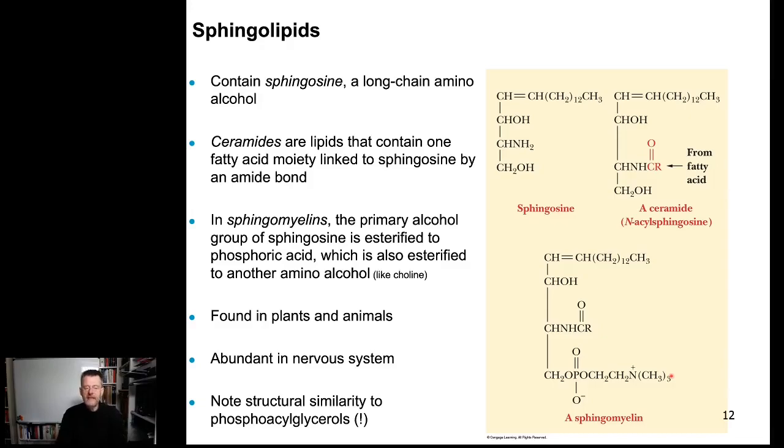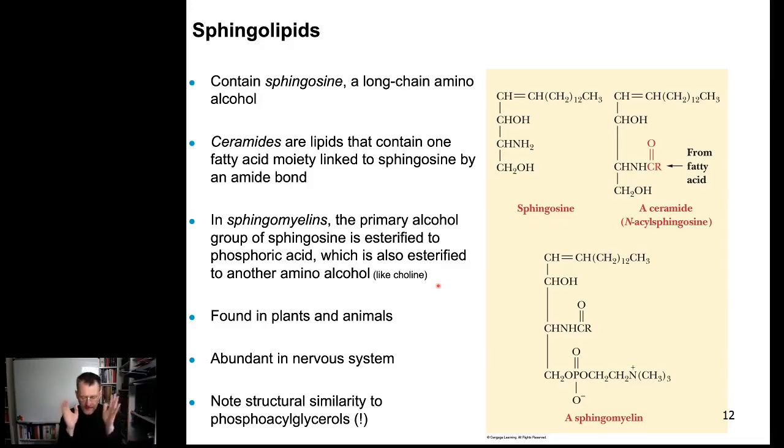Now you'll find these sphingosines, the ceramides and the sphingomyelins, both in plants and in animals, and in the human body they're extremely important with respect to the nervous system. And actually they do play a role in insulating, for instance, the nerve channels.